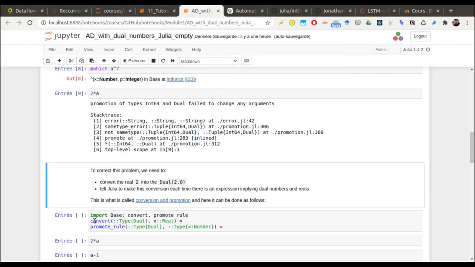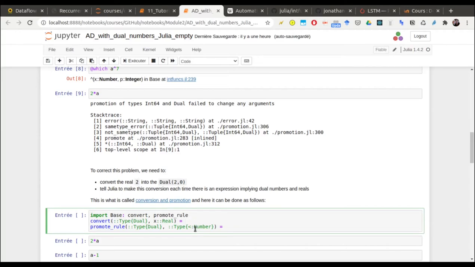So the conversion will explain to Julia how to convert a real number into a dual number. So this is very simple. If I want to convert x, which is a real, into a dual, I just need to define Dual of x, 0 of x. And the promotion rule is what?